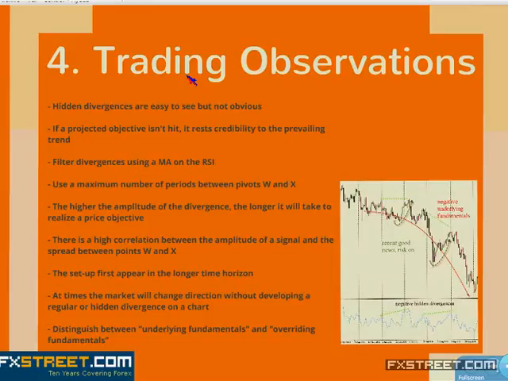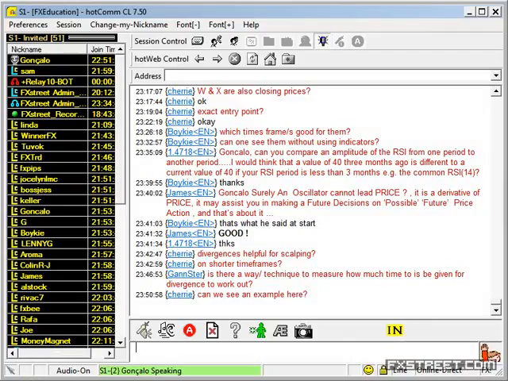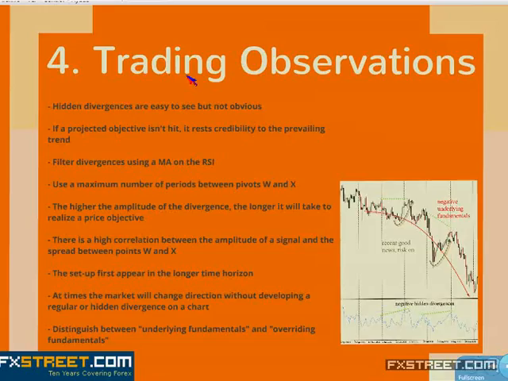You may also use a maximum number of periods between the pivots W and X. This is something you can find out through testing. It will depend on the calibration of your oscillator. It's an observation you probably reach when testing hidden divergences.